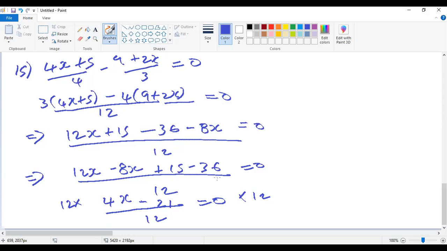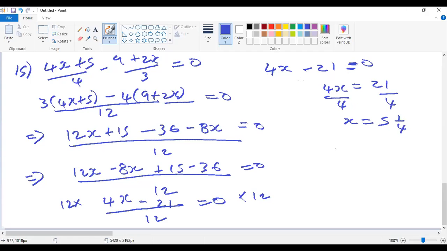The 12s cancel, and of course 0 times anything is 0. So this now is just 4x minus 21 equals 0. And then I have 4x equals 21. All right, I'll add 21 to both sides. Then we divide both sides by 4. So x is equal to 5 and 1 over 4. Lovely.